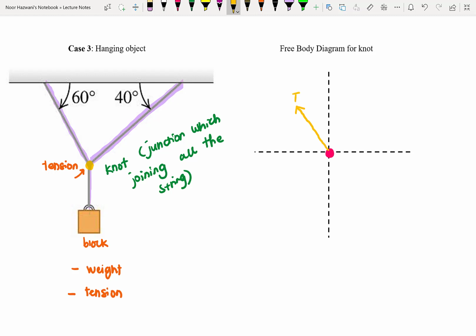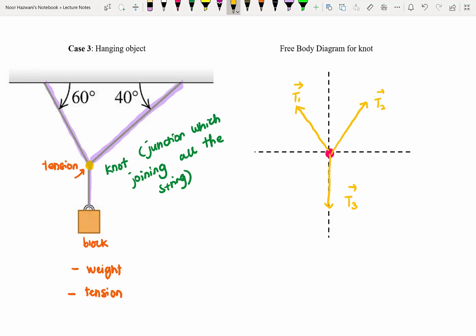So we label it as vector T subscript 1, and then we have T subscript 2, and then the last one is vector T subscript 3.